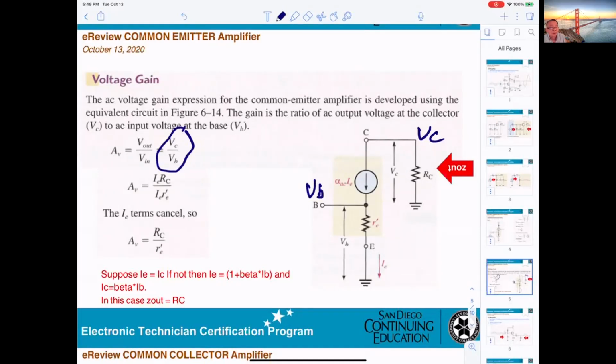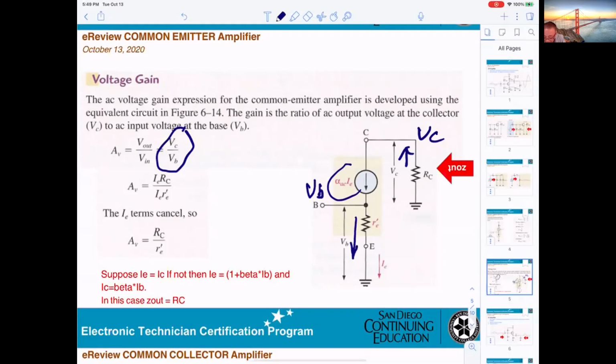Now, how do we calculate the VC in this case, or V out? The current flowing here is the current of RC times RC. That's the current right here, IC. And the current flowing here?